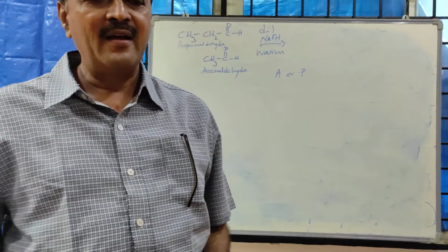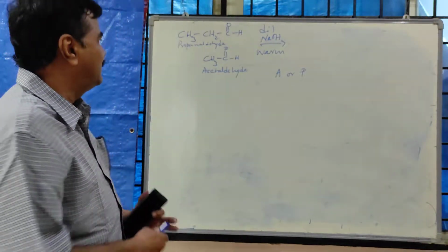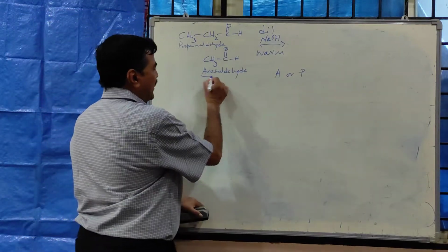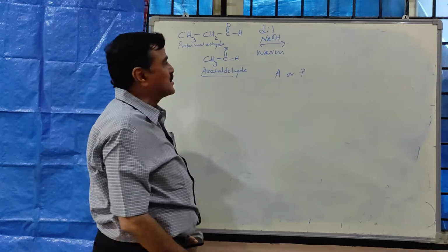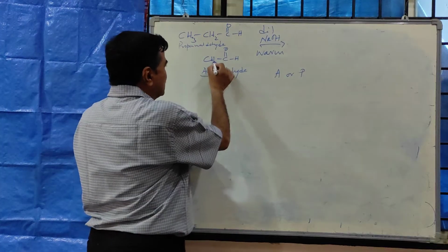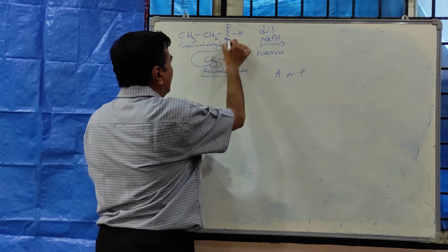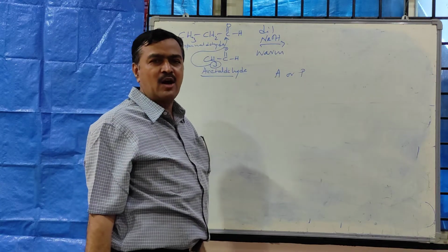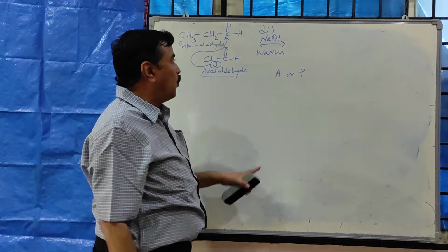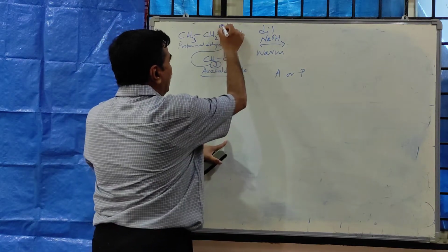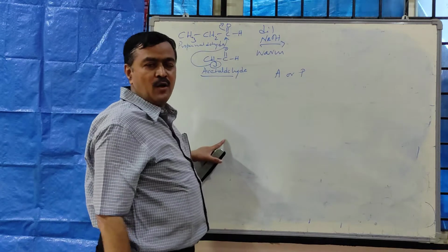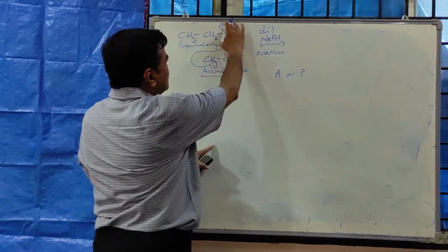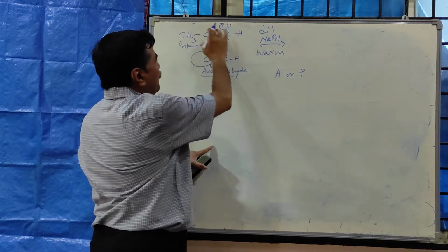In fact, acetaldehyde will give the proton to the aldehyde, that is propanaldehyde. Here, this hydrogen will approach the carbonyl carbon of propanaldehyde. Once it approaches, this bond will migrate to the oxygen, and this hydrogen will end up on the carbonyl oxygen of propanaldehyde.